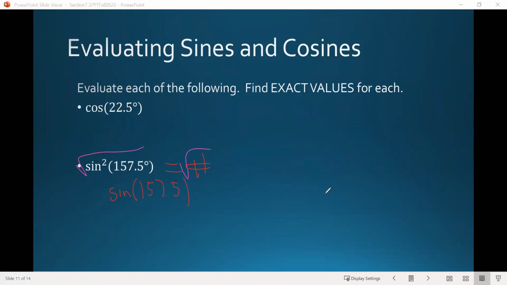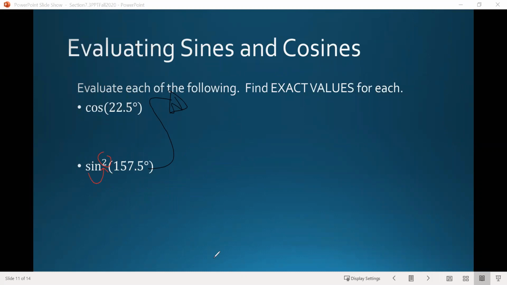So that's why this is useful for us. And again, we're going to find an exact value. Now notice here we've got the thing squared. And we prefer to work with stuff that's not squared. And I should point out, notice that the sine is squared. It's not the angle that's squared. Okay, that's a common mistake folks make. It's not the angle being squared, it's the sine being squared.